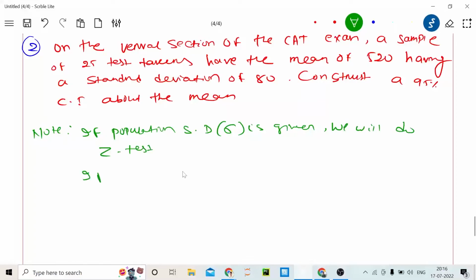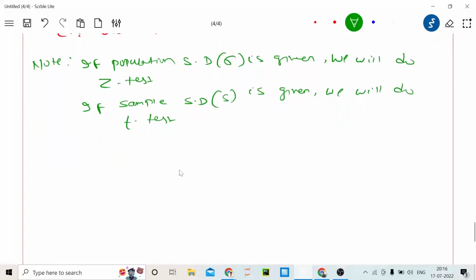In this case, if the sample standard deviation is given, we will do a T test. I will show you how we derive the value from the T table and what is given to us in this case.